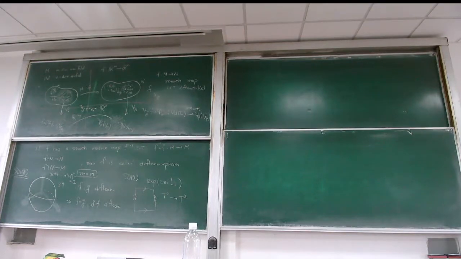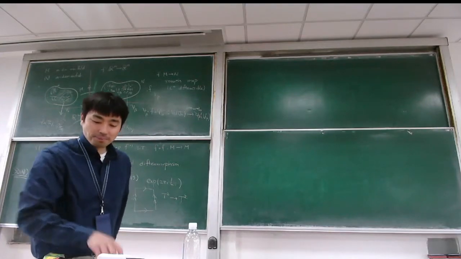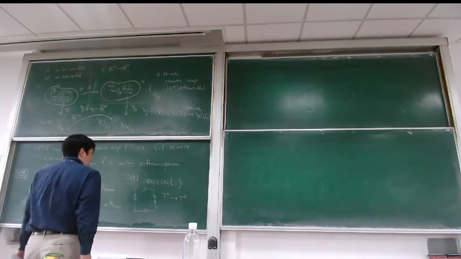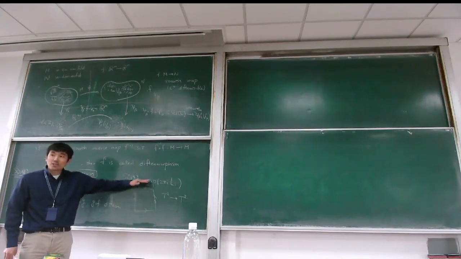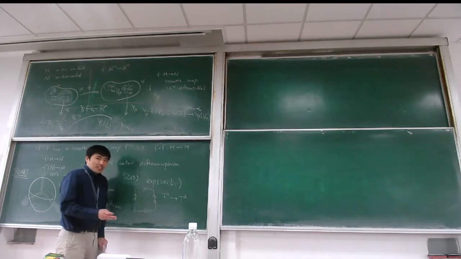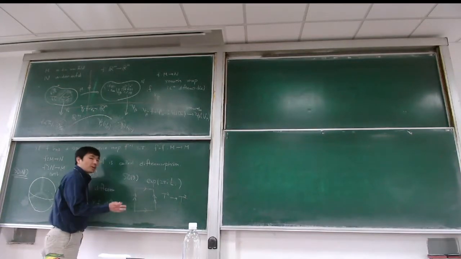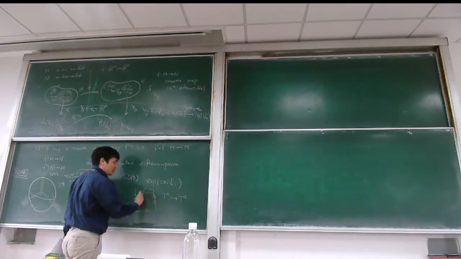Good. So what he said is, a torus is just a rectangle with the edges identified. So you can consider a rectangle on R2. Therefore, you can just translate every point in one direction, like this way.